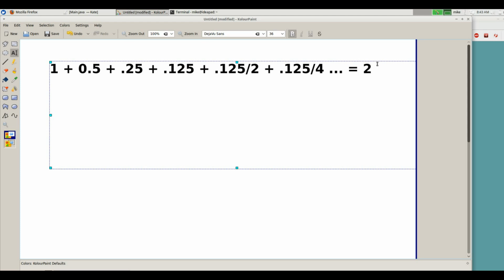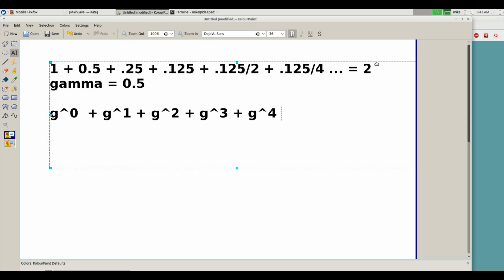What do you get if, well, can you see that if we say gamma is equal to 0.5, then this is gamma to the 0 plus gamma to the 1 plus gamma squared plus gamma to the 3rd power plus gamma to the 4th power plus gamma to the 5th power, and so on? Do you see that?